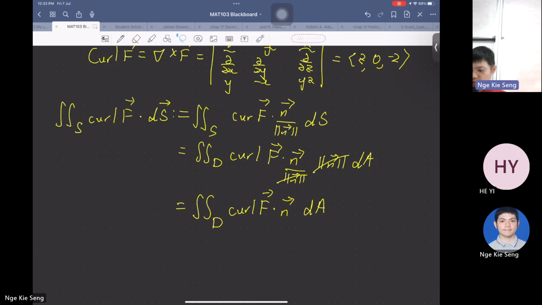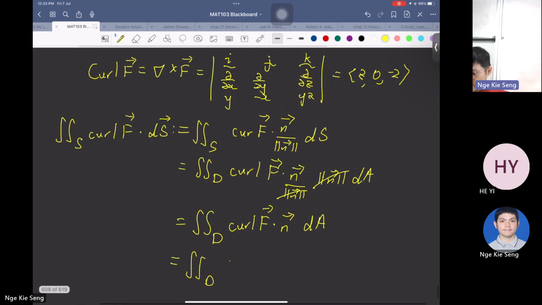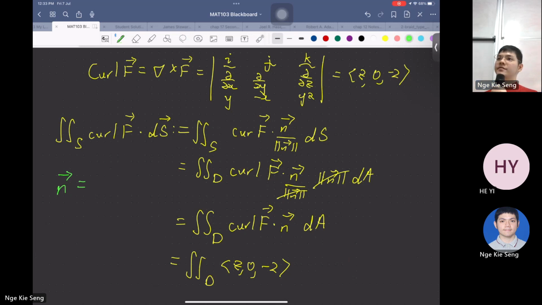So, what do we have? Curl F, we have z, 0, and minus 2. What is n in our case? We haven't really computed n yet, right? So what is our n? Our surface is described by x, y. So how to find n? We take Rx cross Ry, right?